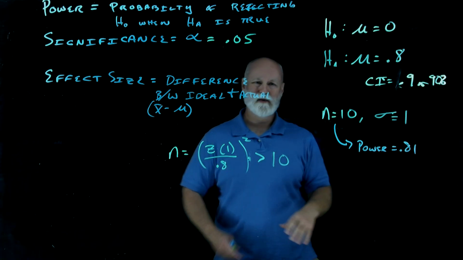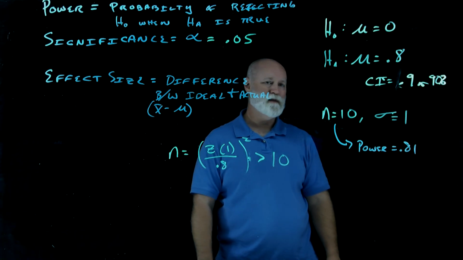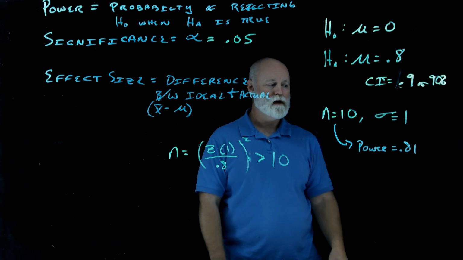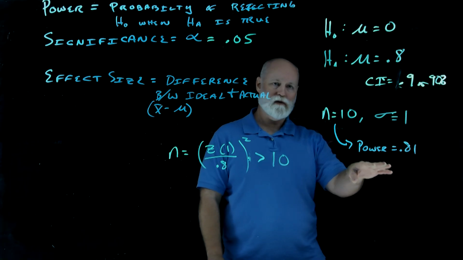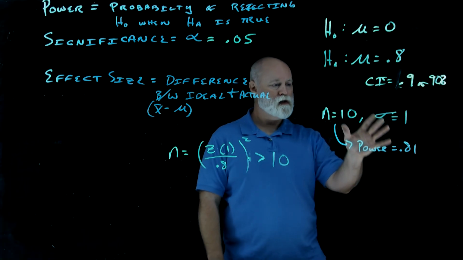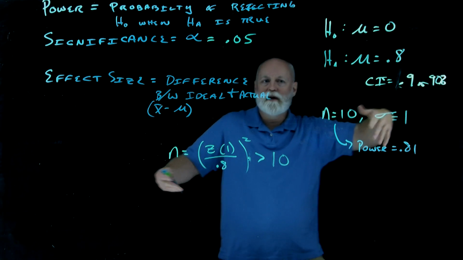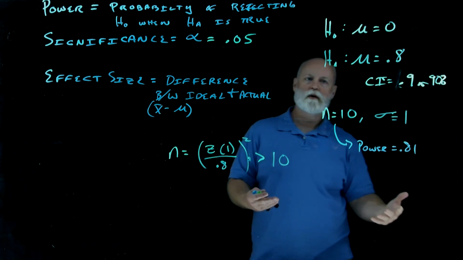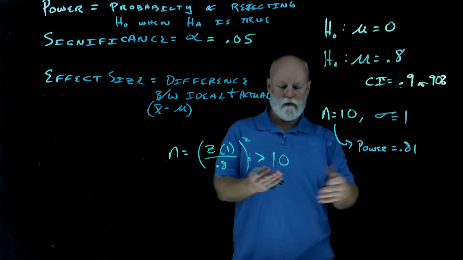Now, there is software out there. You can use R, you can use Python, Minitab, all sorts of different things. There are even ways you can force Excel to run these numbers and say, well, when does it actually become viable? How many values of n?